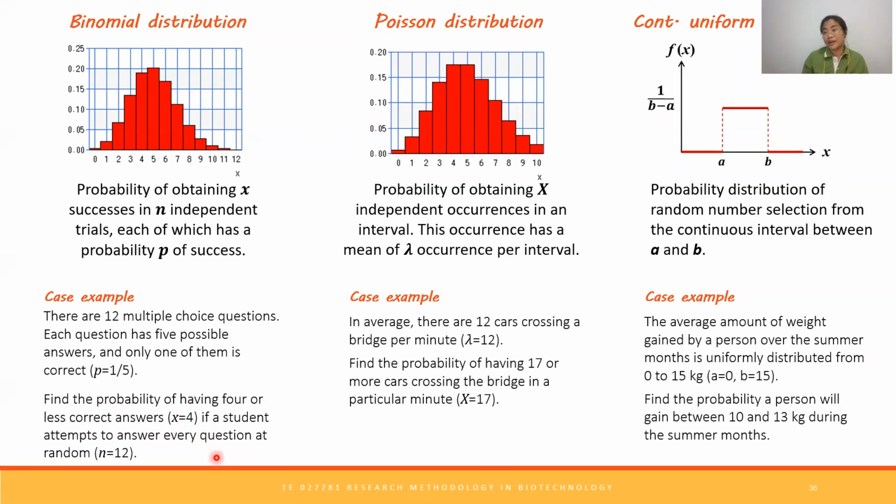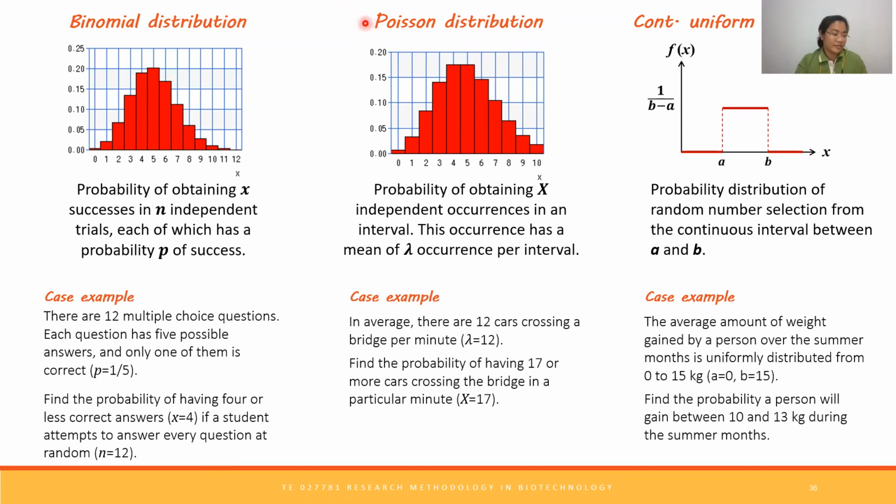At random means it's not all A, not all B, because some students think, I should get 25% probability if I just pick all A. So question 1 to 12 all A, question 1 to 12 all B. It's not always the case, because most of the time things are random already. So to see the probability of getting 4 marks or less, that's how the binomial distribution comes into play.